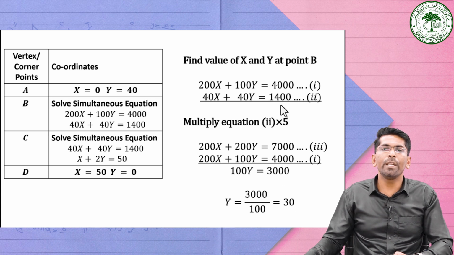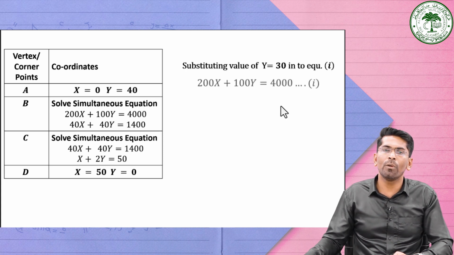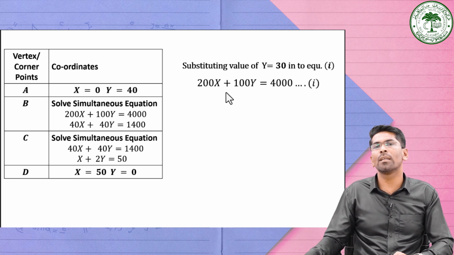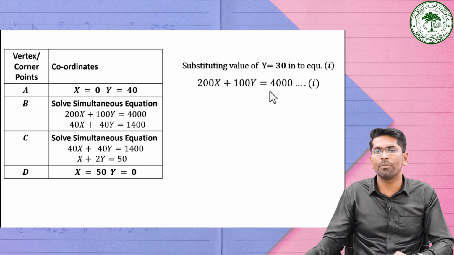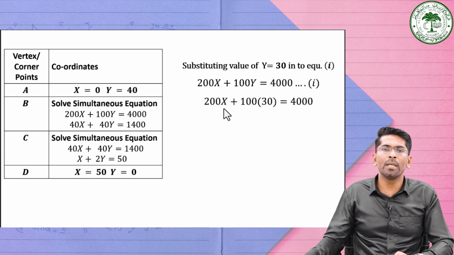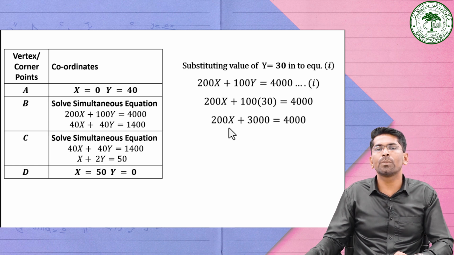Here I am going to substitute y equal to 30 in equation number 1. Equation number 1 is 200x plus 100y equal to 4000. Substituting y equal to 30, the equation becomes 200x plus 100 into 30 equal to 4000. Simplifying, 100 into 30 is 3000, so 200x plus 3000 is equal to 4000.